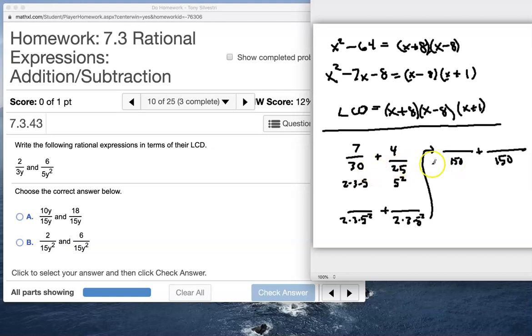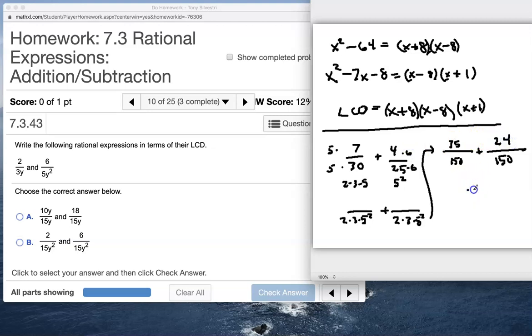In order for that 30 to become 150, I have to multiply by 5. Whatever you do on the bottom, you have to do up top. So 7 times 5 is 35. Now that's the same fraction as this. And likewise, this 25 has to be multiplied by 6 to get 150. You multiply the top by 6, which is 24.